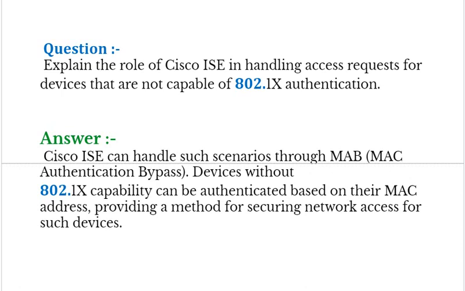Your answer should be: Cisco ISE can handle such scenarios through MAB, MAC Authentication Bypass. Devices without 802.1x capability can be authenticated based on their MAC address, providing a method for securing network access for such devices.